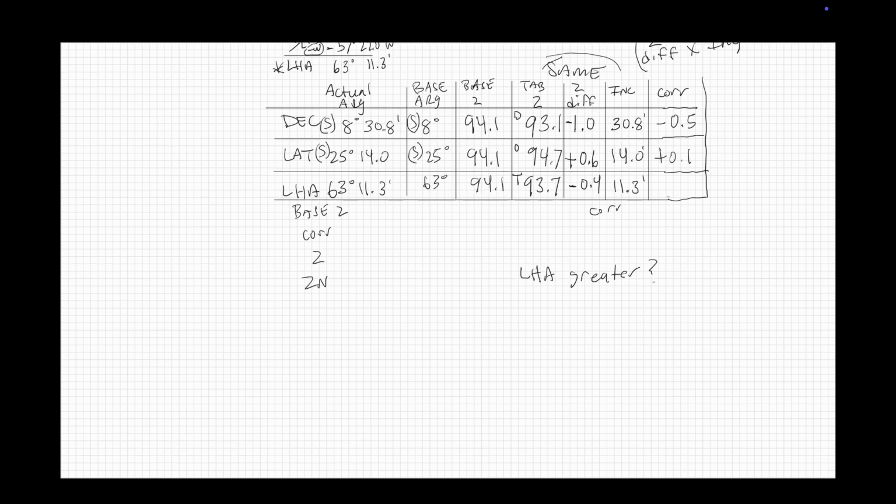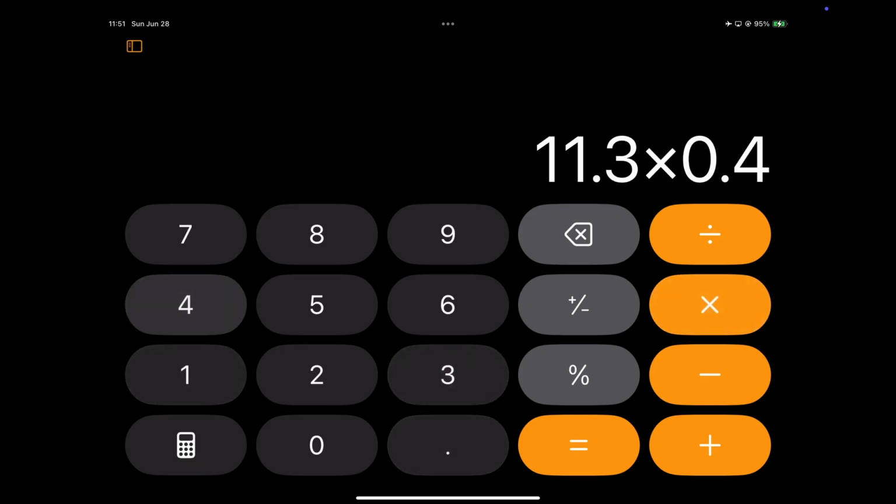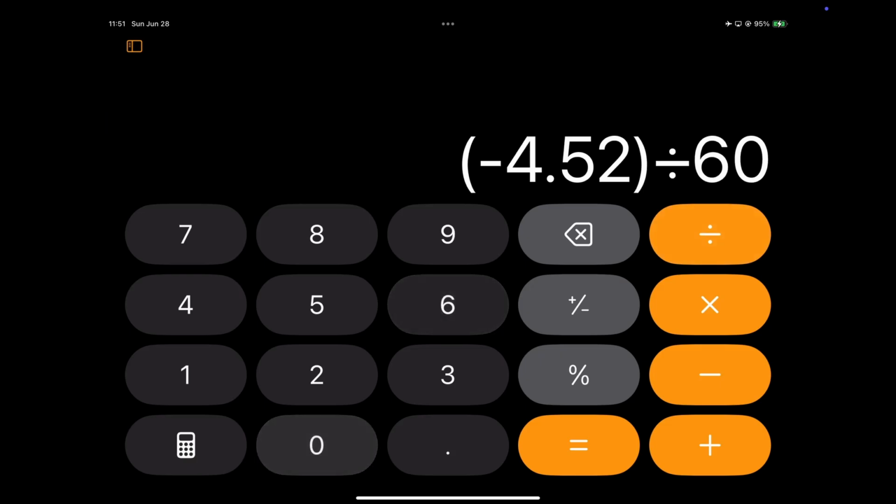And 11.3 times 0.4. That was a negative number, so it's going to be negative, divided by 60.